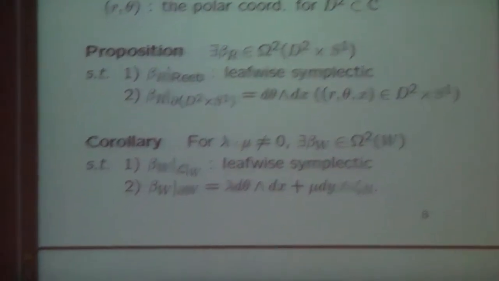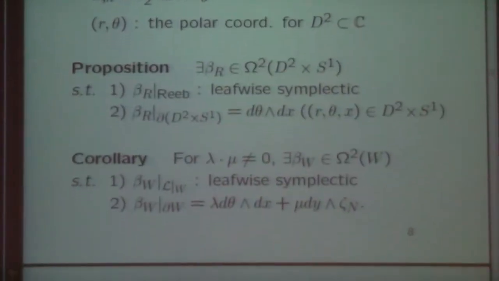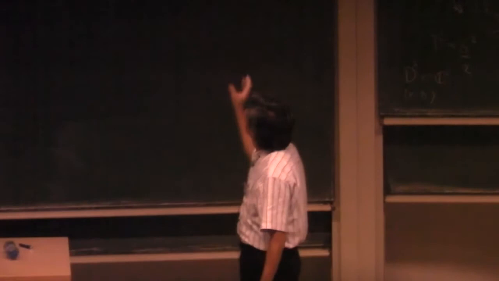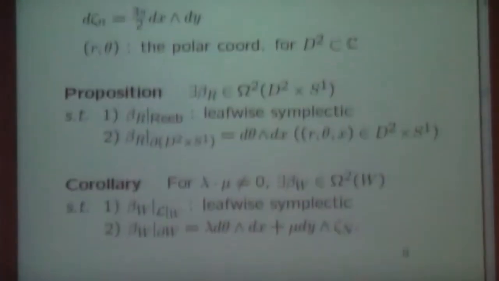If you take the sum of them, a linear combination with coefficients lambda and mu, and if both are not equal to 0, then it gives you a d-phi symplectic form on the tube component, and on the boundary it is written in that way. This is the end of the construction of the d-phi symplectic form for the tube component.